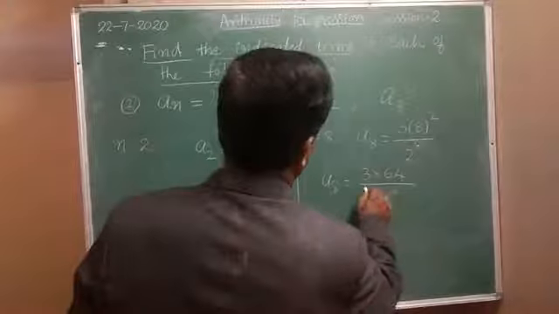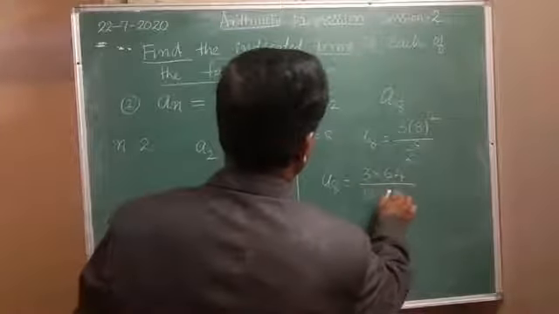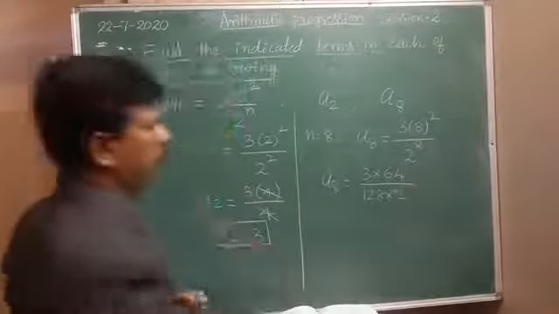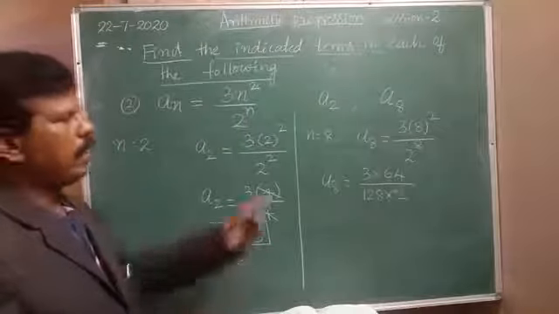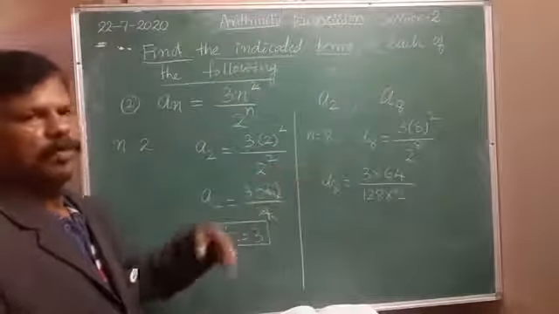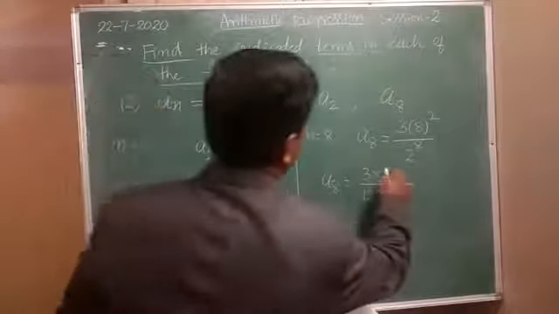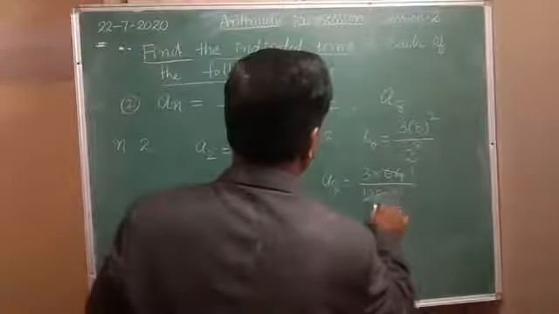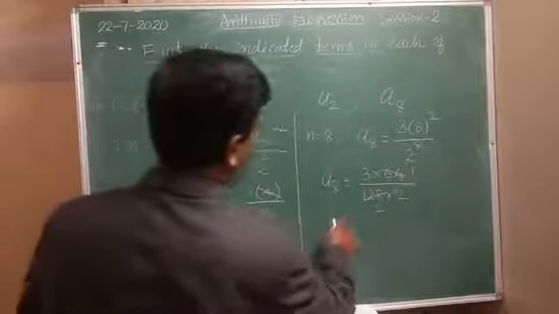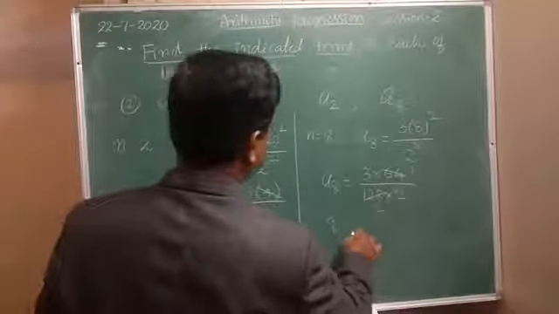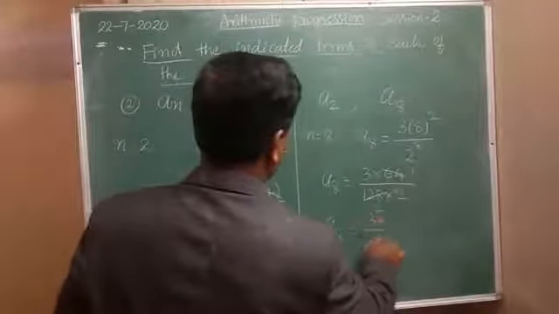So here I am writing 256 as 64 into 4. Clear? Now 64 cancels with 64. Therefore A8 is equal to 3 by 4.